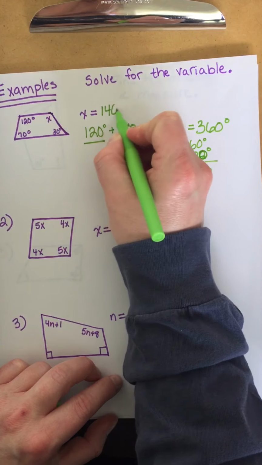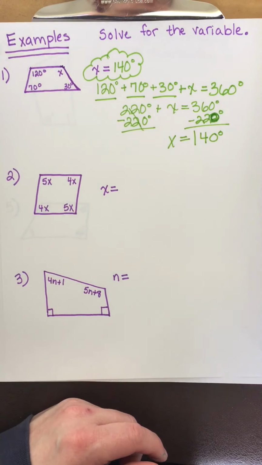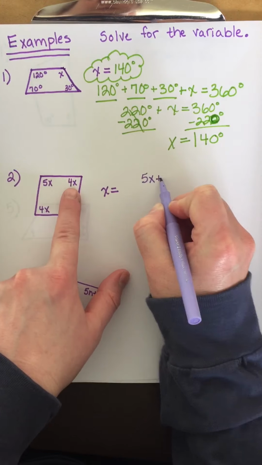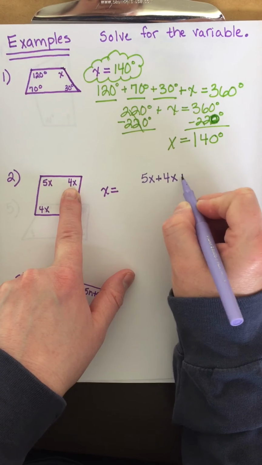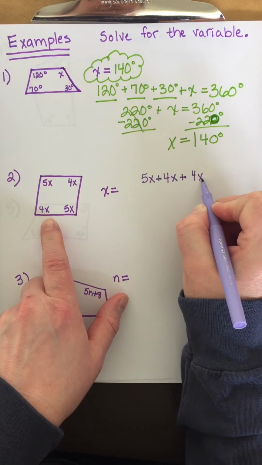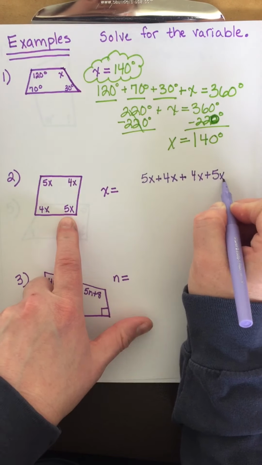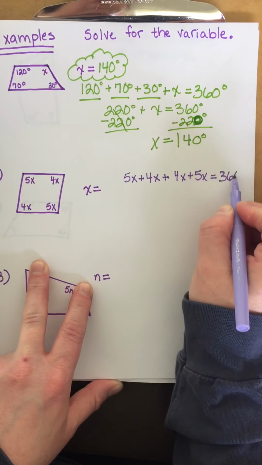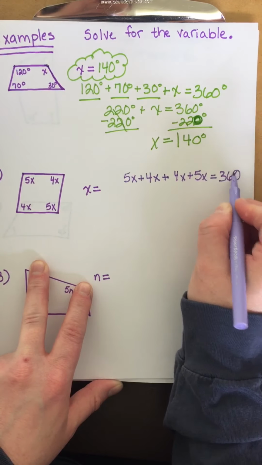All right, let's look at the next one. A few more variables. So we have 5x plus 4x plus 4x plus 5x equals 360. Okay?